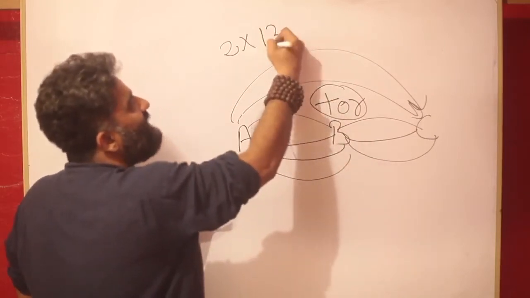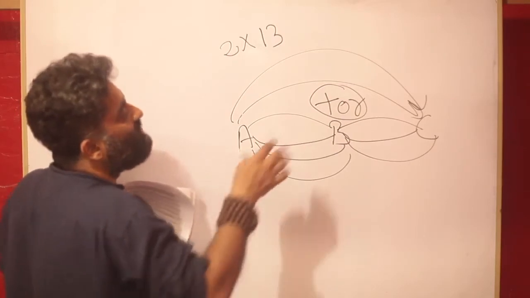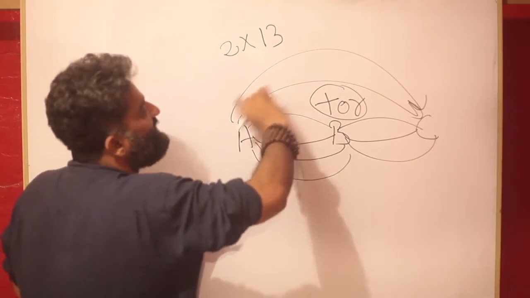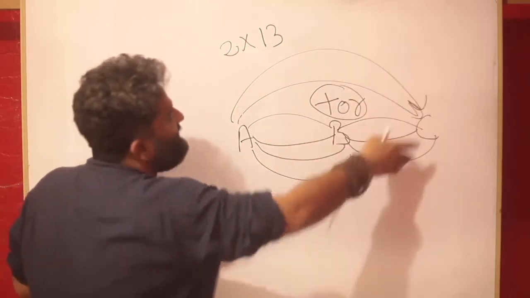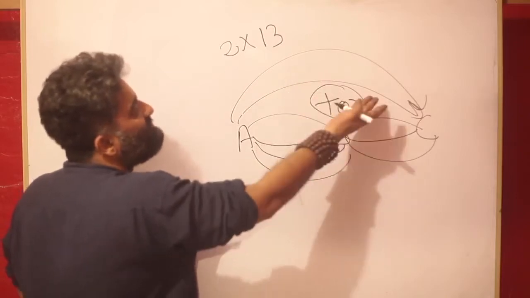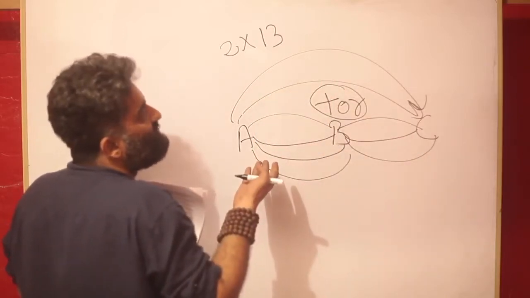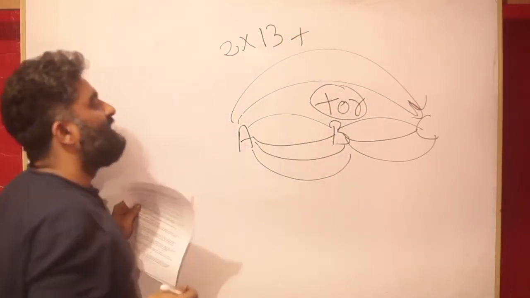So while coming back, he will have 13 options. What scenario am I talking about? I have created an "or". I am saying in the scenario he takes one of these 2 paths, that means 2 possibilities. And while coming back, he will have 1 possibility out of these paths and 12 more possibilities out of these paths. So far, 2 into 13, right?